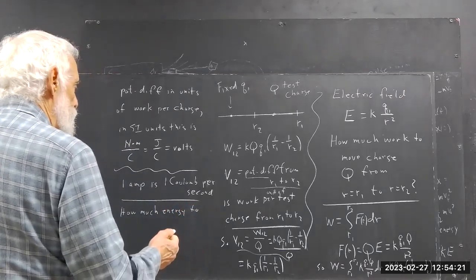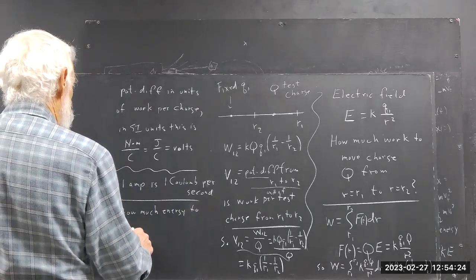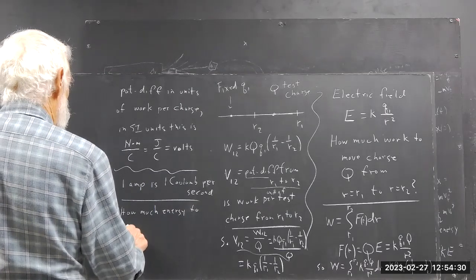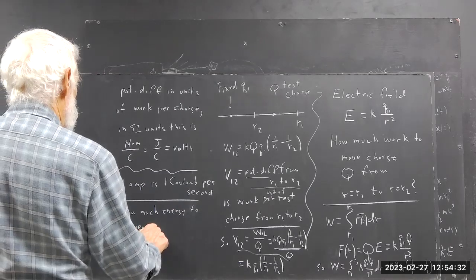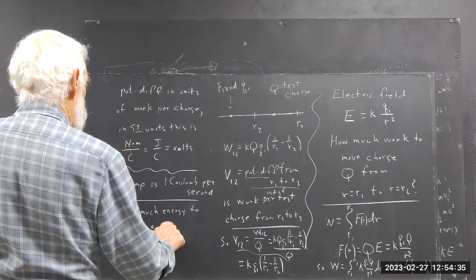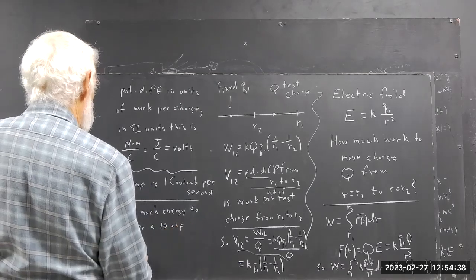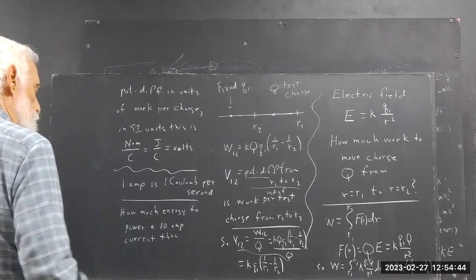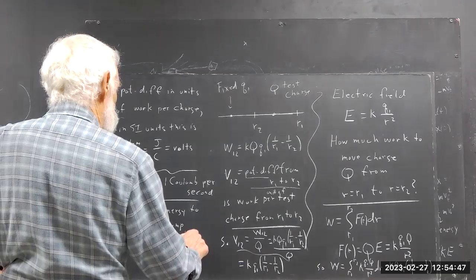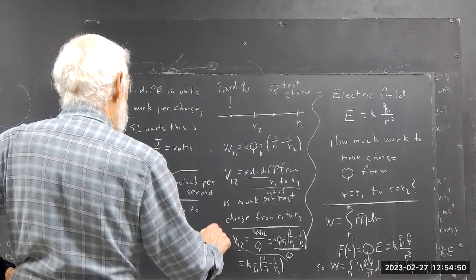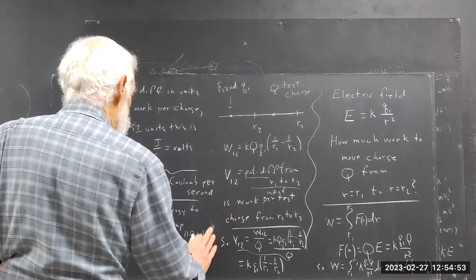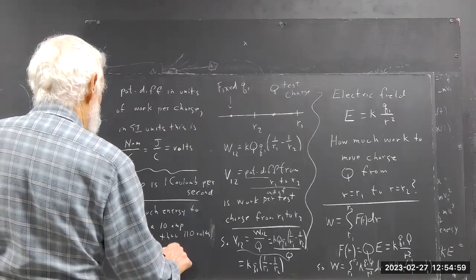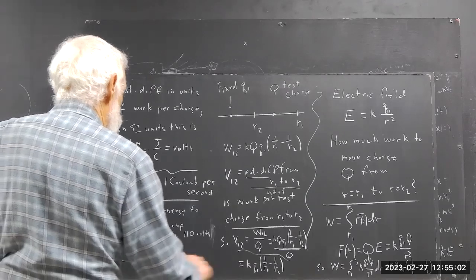How much energy is required to run a ten amp current under 10 volts for one minute?